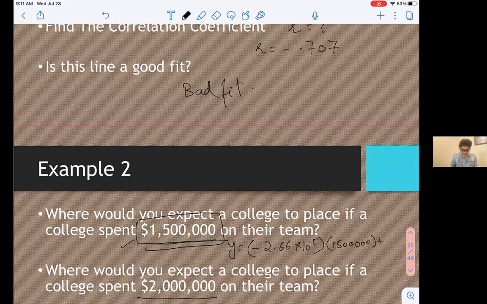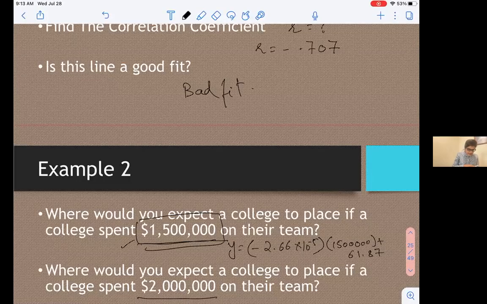and plus b value, which is 61.87. So my calculator is giving an error because it doesn't accept negative values, but there is some error.